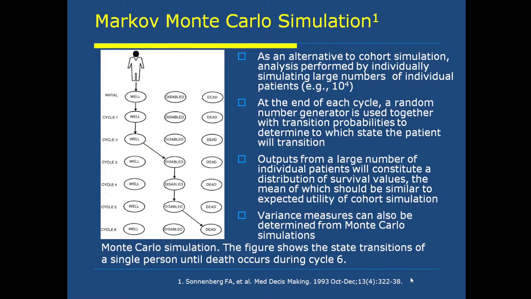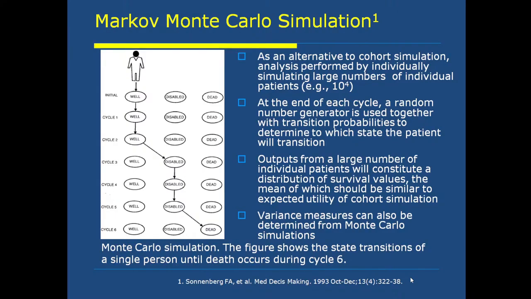At this figure, you see Monte Carlo simulation, and it shows the state transitions of a single person until death occurs during some cycles. At this slide, you see 6 cycles. The first state of the patient is well, the last state of the patient is dead.